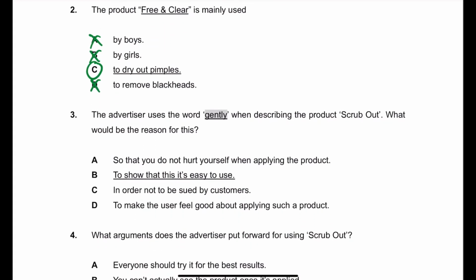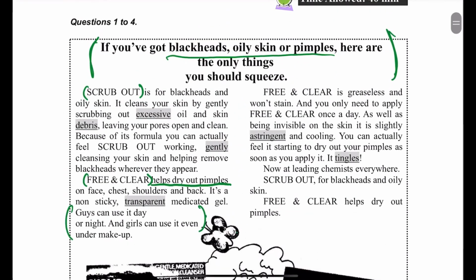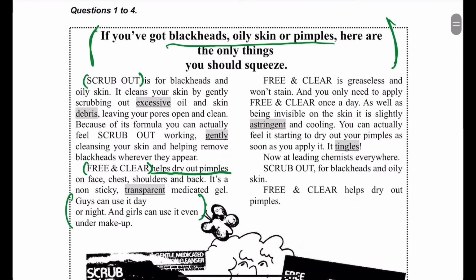Now, if we take a look at question 3, the advertiser uses the word gently when describing the product scrub out. What would be the reason for this? So let's take a look at the product scrub out specifically, okay? They've also highlighted and underlined the word over here. So let's take a look at that sentence. Because of its formula, you can actually feel scrub out working, gently cleansing your skin and helping remove blackheads wherever they disappear. So the tone of this sentence is actually very soft.